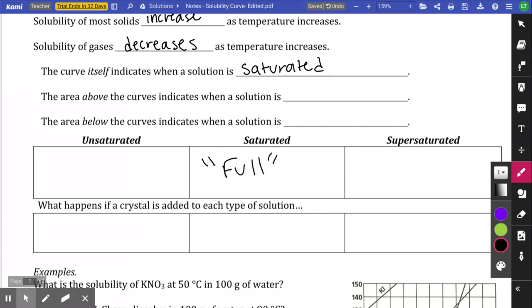What that means is that we have dissolved the maximum amount of solute. Our water or whatever our solvent is can't hold any more.